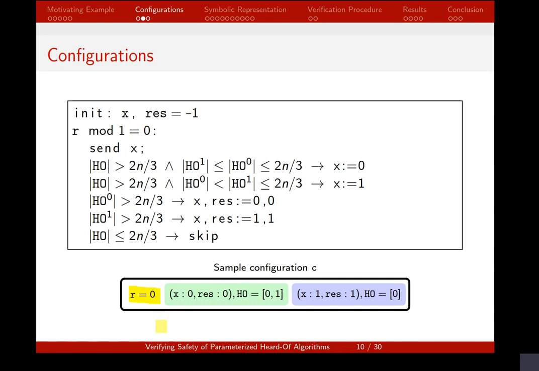Here we have, for example, only two processes, different colors model different valuations. Valuations are simply mappings from local values of the processes to their values. And then for each process, we also need to consider its herd-of multiset. A configuration can have a multiset of concrete processes, so we can have repetition of, for example, the green process here.